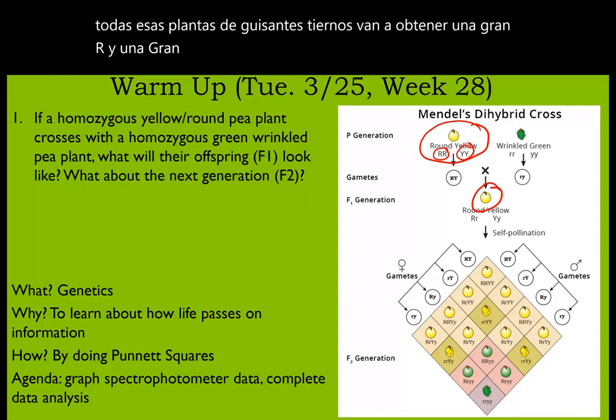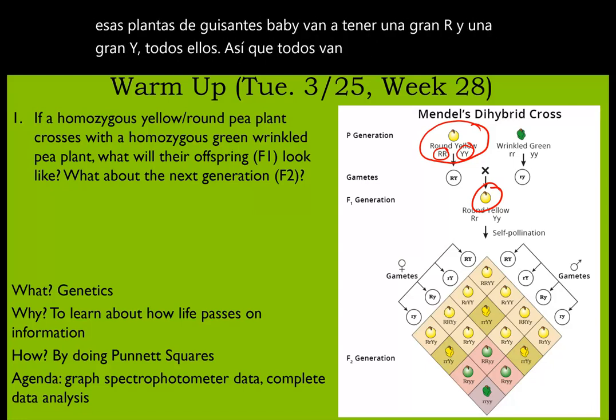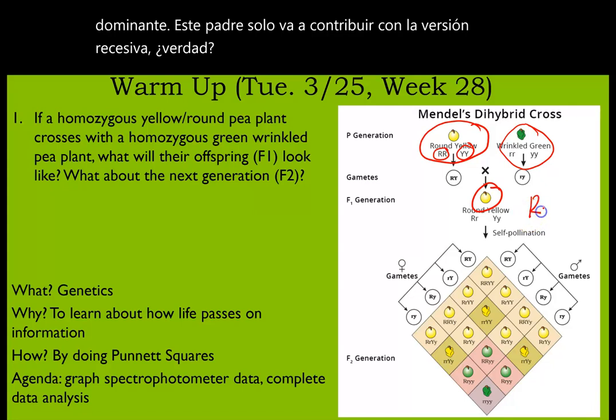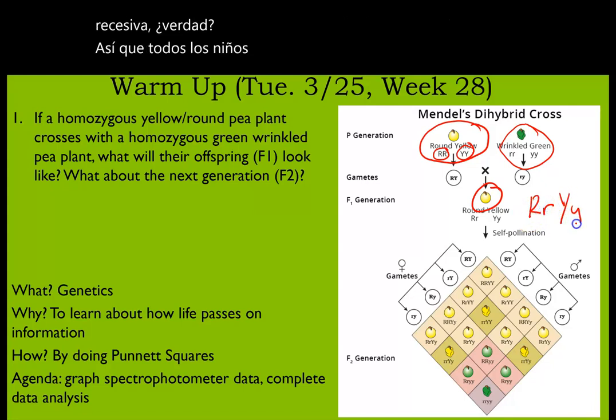So they're all going to show that dominant trait. This parent's going to just contribute the recessive version, right? So all the kids are going to have one of each and be heterozygous for both traits.